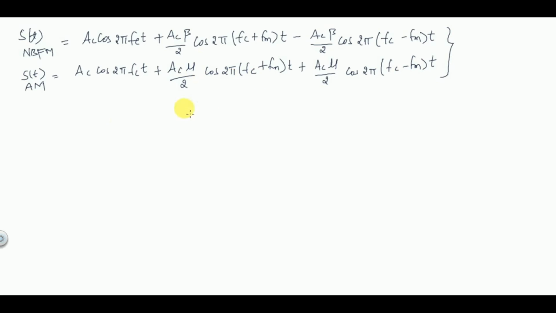So what is the important point here is, this point is asked in many competitive exams.